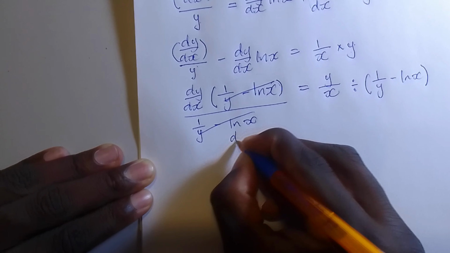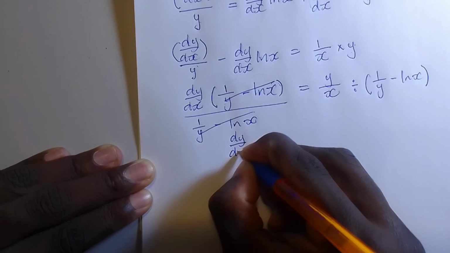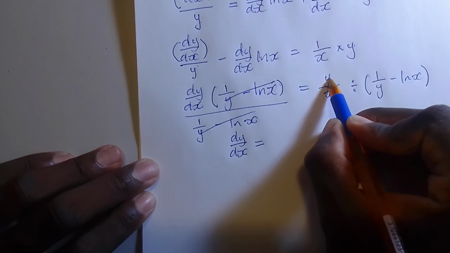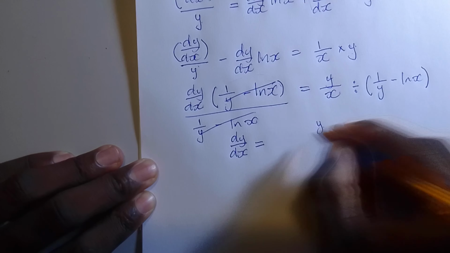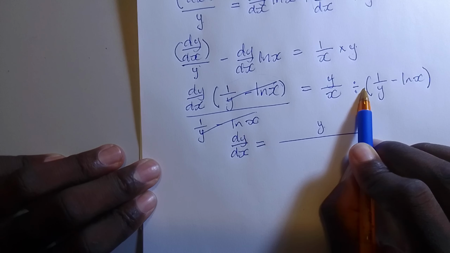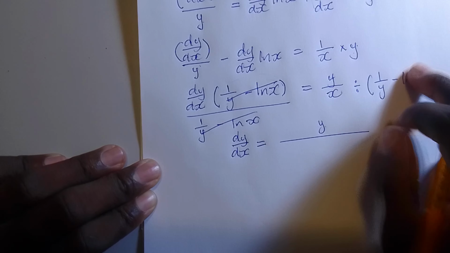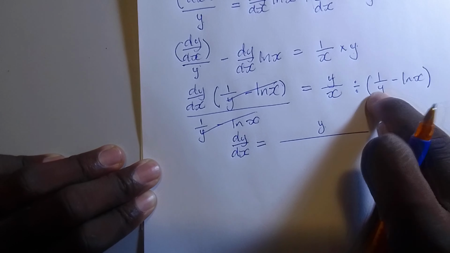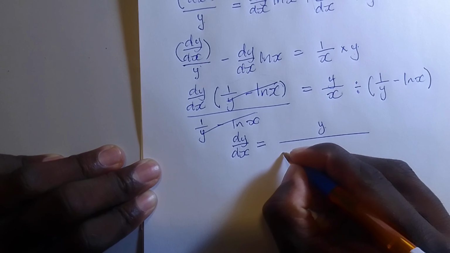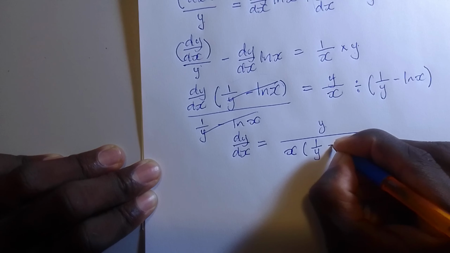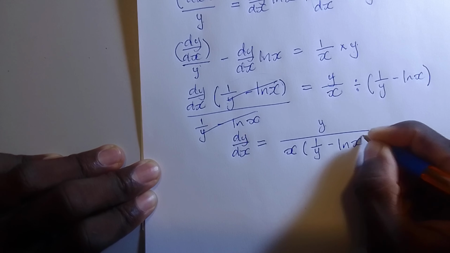Now we know that dy on dx is actually equal to, you take this y as your top y. Now your denominator, since this is going to be 1 over this entire thing, is going to multiply with this x. So this whole thing is going to multiply with the x. So you have x into 1 over y minus ln x.